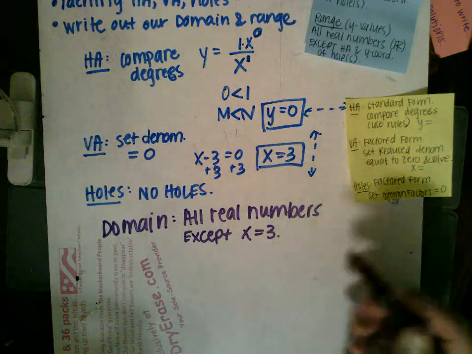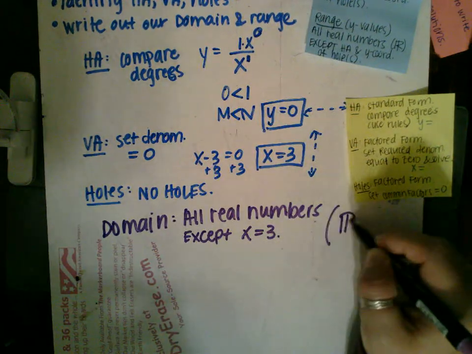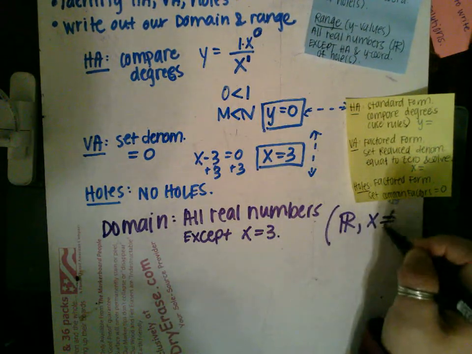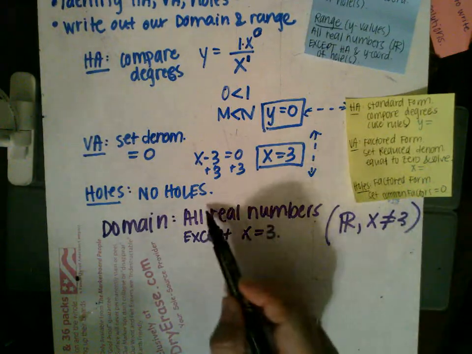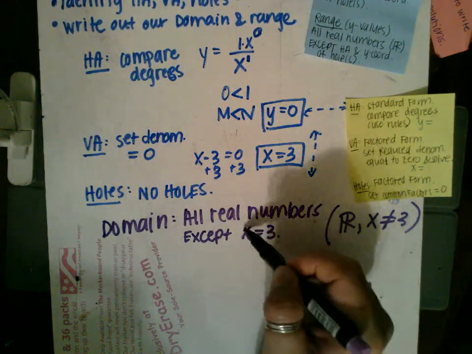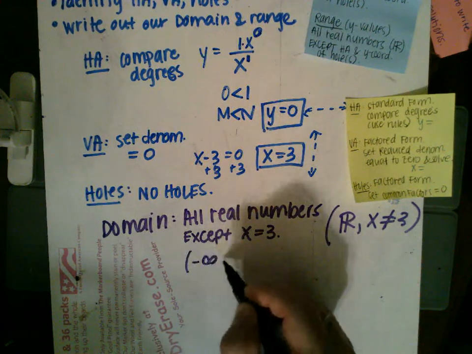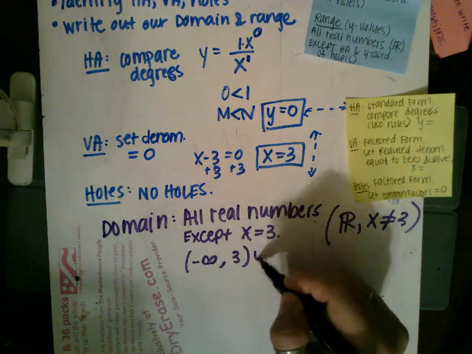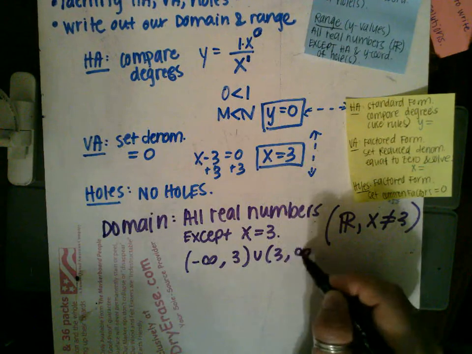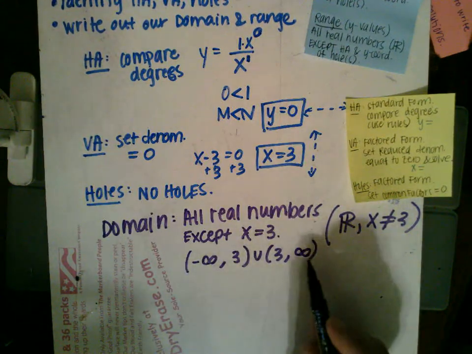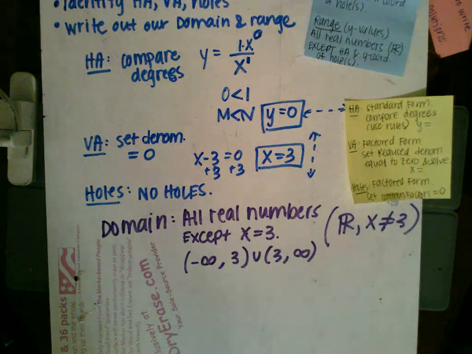So the shorthand of writing this would be all real numbers, x cannot equal 3. That's the same thing as saying all real numbers except x equals 3. Okay, and if I were to write this in interval notation, negative infinity to 3, union 3 to positive infinity, all of these parentheses are open.